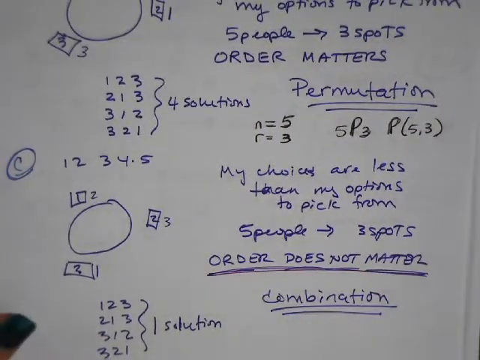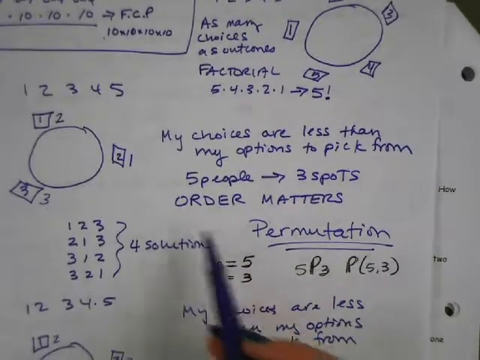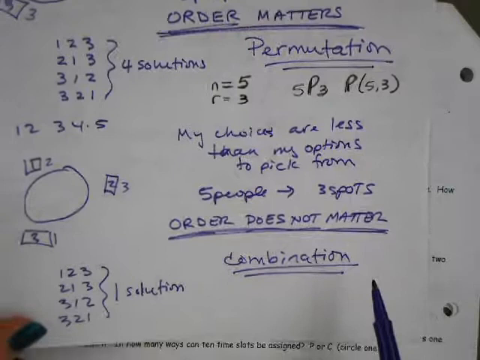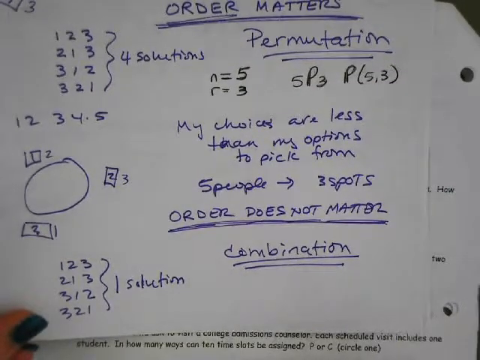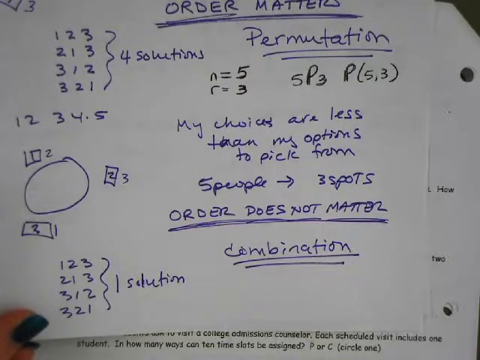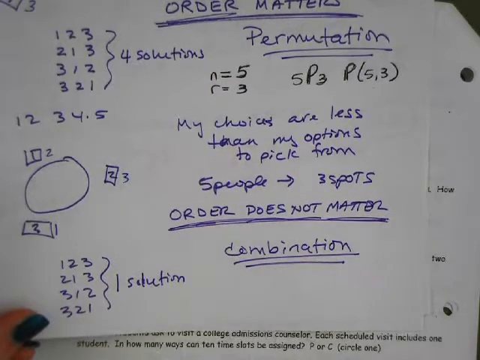That's the difference. In permutation, order mattered. You guys care if you're first, second, or third, don't you? If the top 3 teams all get first place, does it matter in which order you're called? No. So that's a combination.